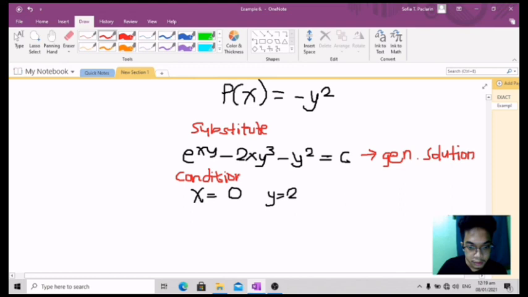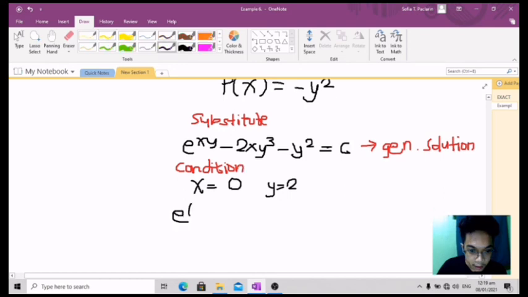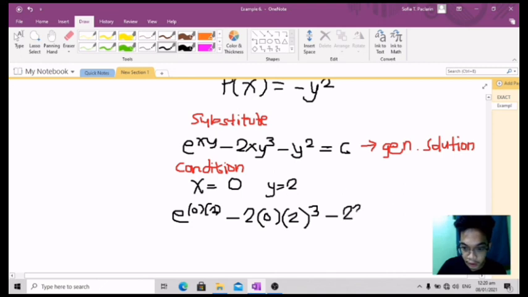So the equation becomes e raised to (0)(2), minus 2(0)(2 raised to 3), minus 2 squared is equal to c.